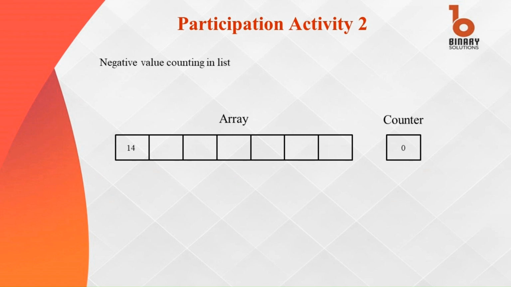As we move through the list, each negative number, -38, -1, -46, and -71, triggers an increment in the counter. By the end of the iteration, the counter reflects the total number of negative values in the list, which is 4. This exercise emphasizes the importance of conditions and iteration in list processing, while also serving as a fun and interactive way to practice logic and programming skills.